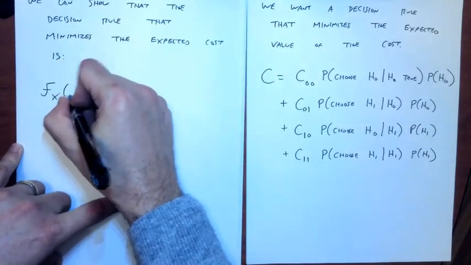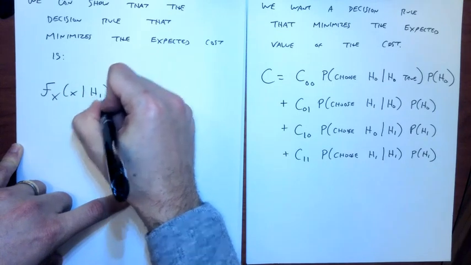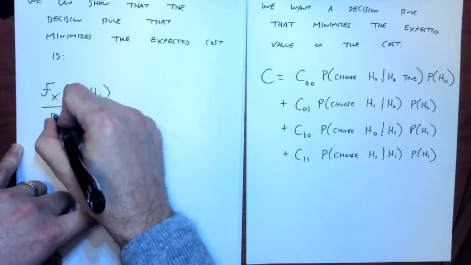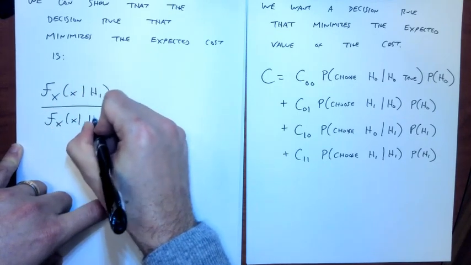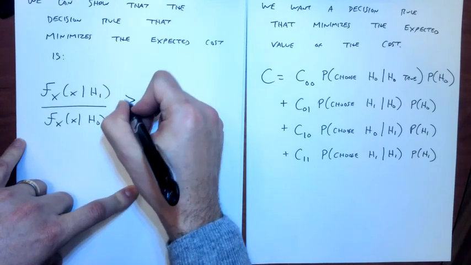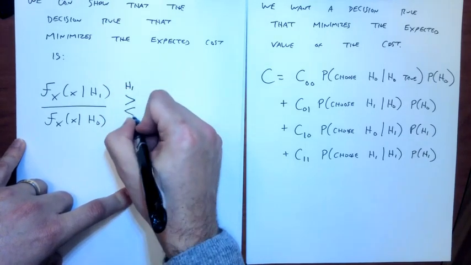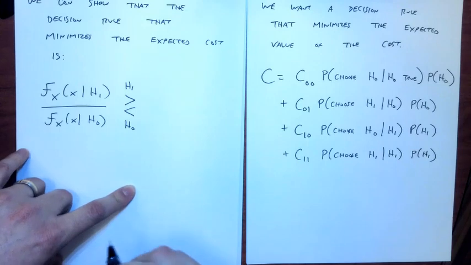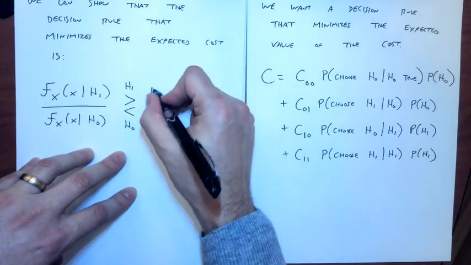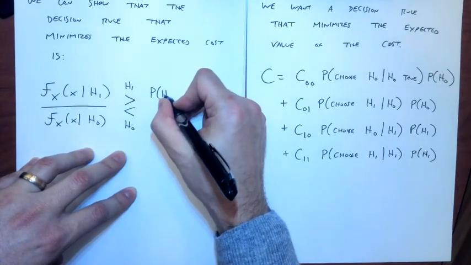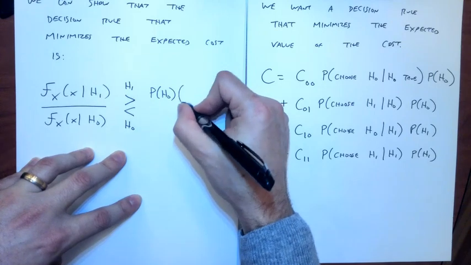Same form as before, it's a likelihood ratio where if this is greater than some value, I choose H1, and if it's less than some value, I choose H0, and the value is made up of all of these pieces.